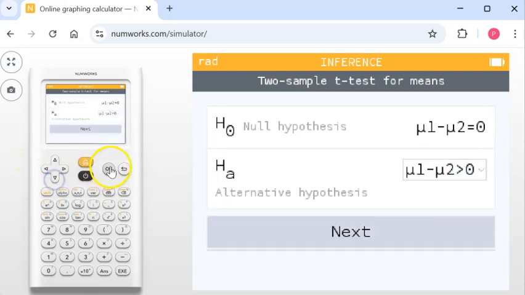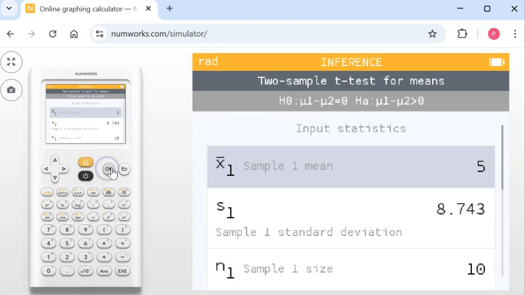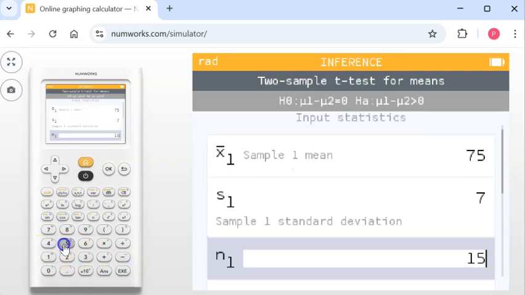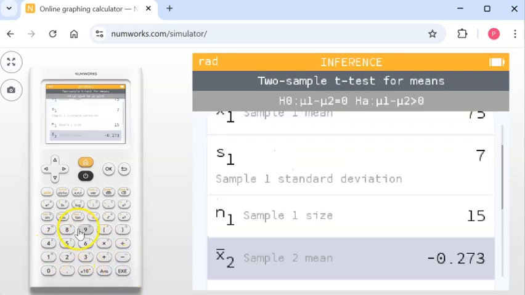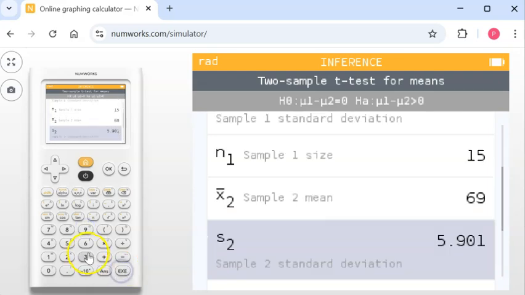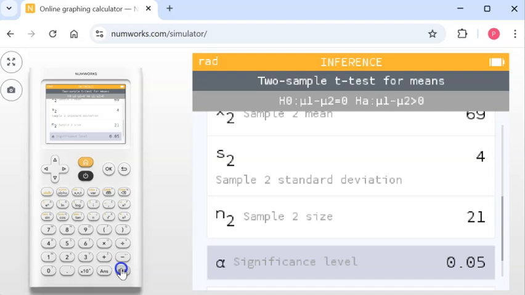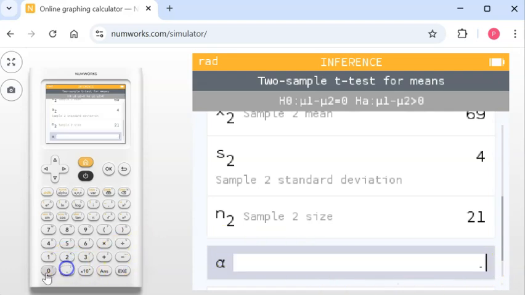Now we're going to go down to next. We're going to input statistics. We're going to put the same ones in: 75, 7, 15, then 69, then 4, then 21, okay. And now it asks for the significance level. Now we can put the correct significance level in because it knows it's a right tail test.